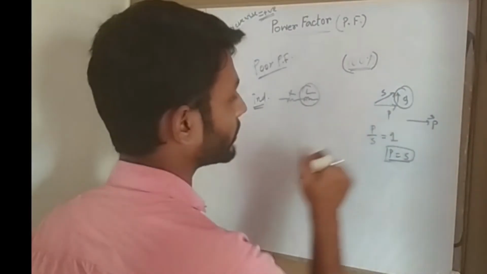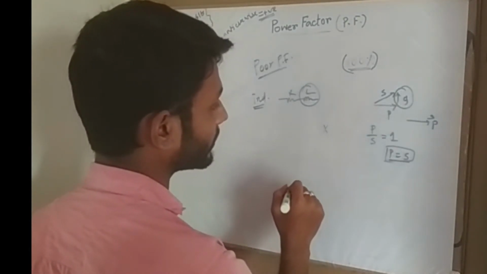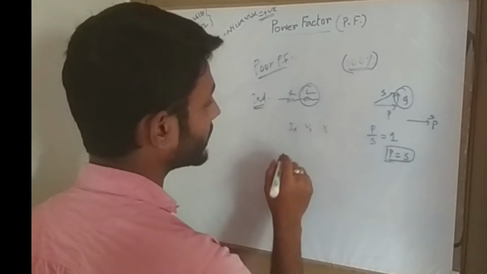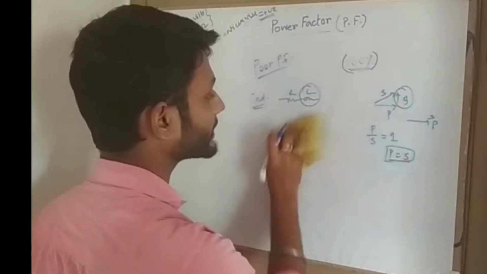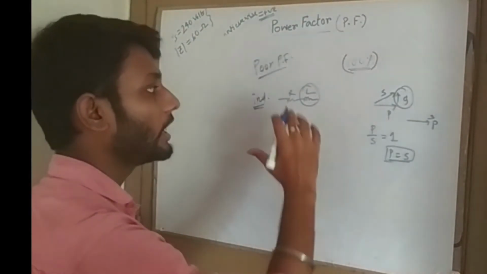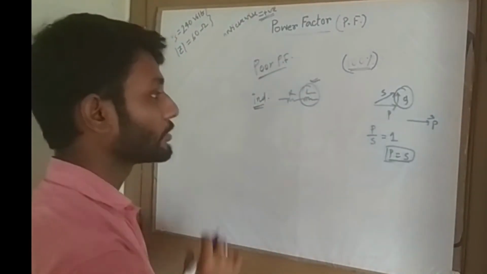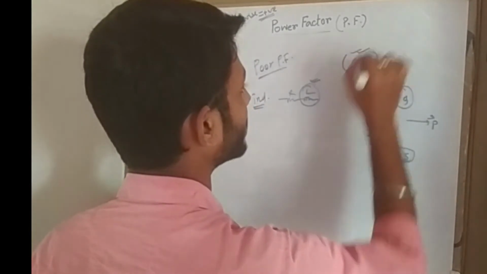So this Q, or in case of the impedance triangle, the X part, or voltage triangle Vx, or in the current triangle Ix, this X part we cannot neglect. So in a circuit or for a load, as this L will exist forever, so what can we do to get the power factor 100%?